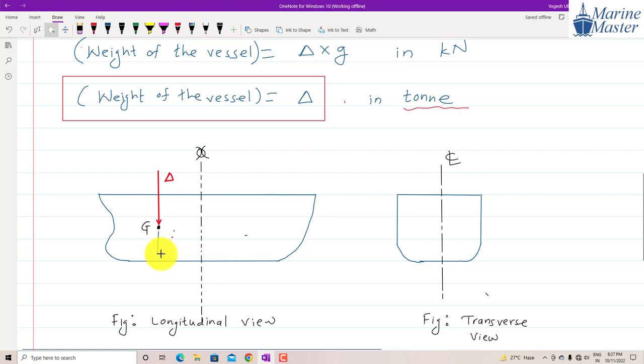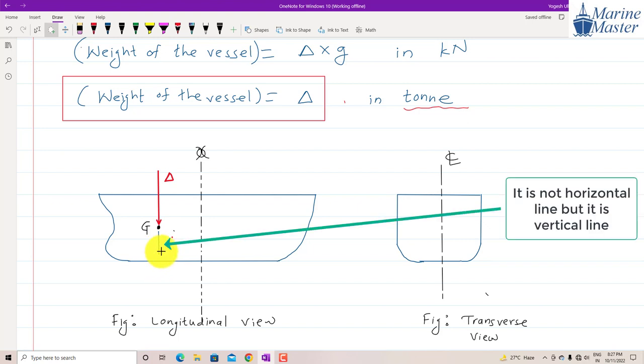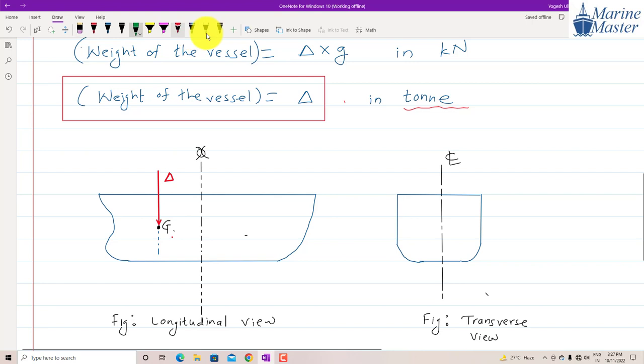So this is our G, and here this distance of G from where, guys? From the midship. We will say LCG. LCG means distance of G from the midship, guys.